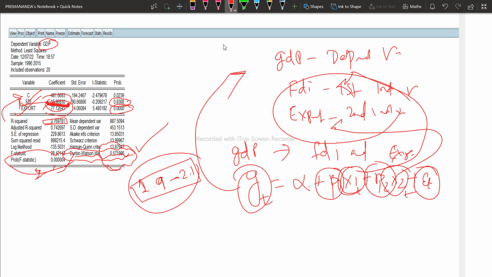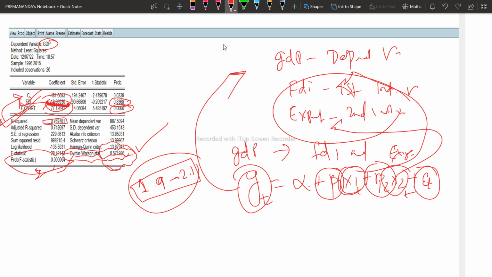Okay, so I'm again telling you that in a regression analysis, the result is to be interpreted in this way, that the R square is 76%. It states that my two independent variables altogether explain my dependent variable 76%.